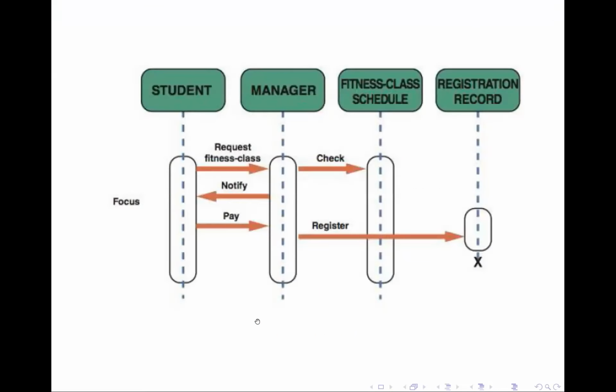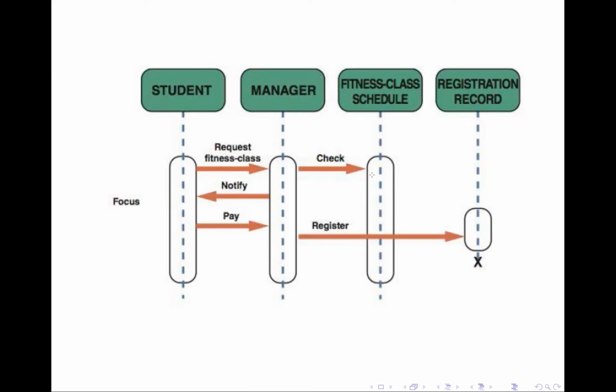Right, now here are a couple of things. Remember, we discussed the fitness class example. So if we are representing the dynamic behavior of the use case diagram that we have seen earlier, you can see the student requests the fitness class, and then the manager receives it. Once the manager receives this, the manager checks the availability of the fitness class.